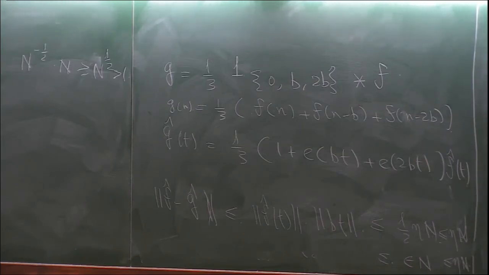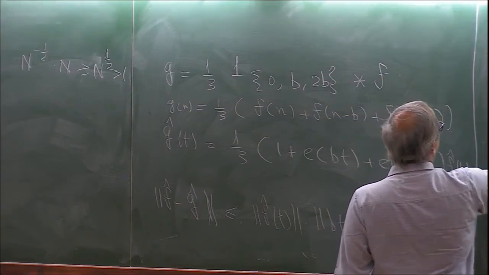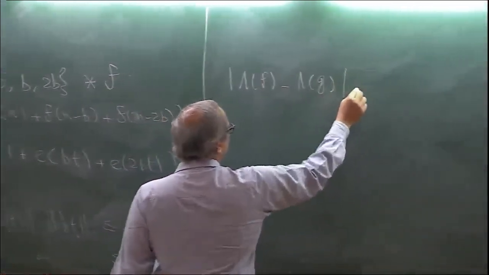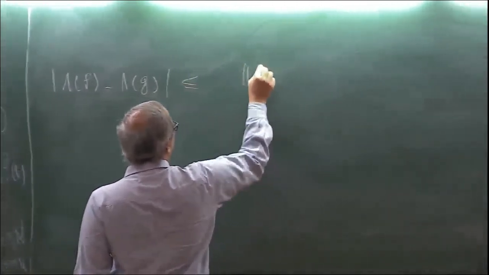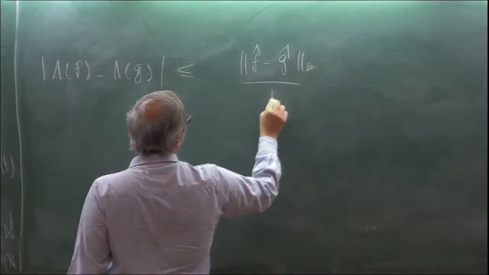and then we saw the convolution control inequality, where one applied Holder or Cauchy-Schwarz, in the case of p equal to 2, tells us that gamma of f minus gamma of g is less than the L infinity norm of f hat minus g hat times n square.